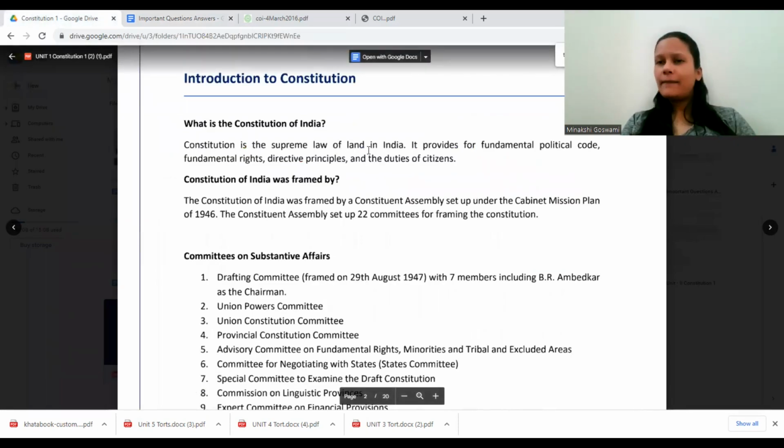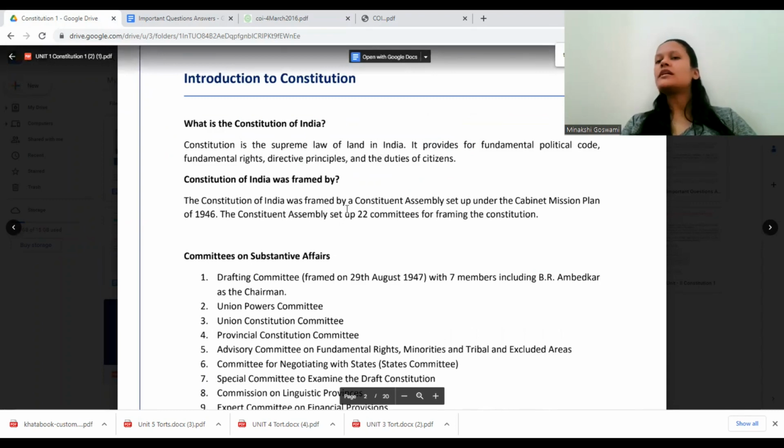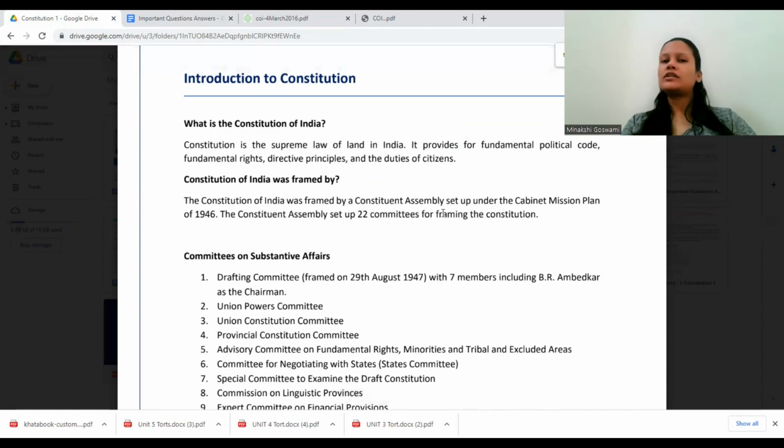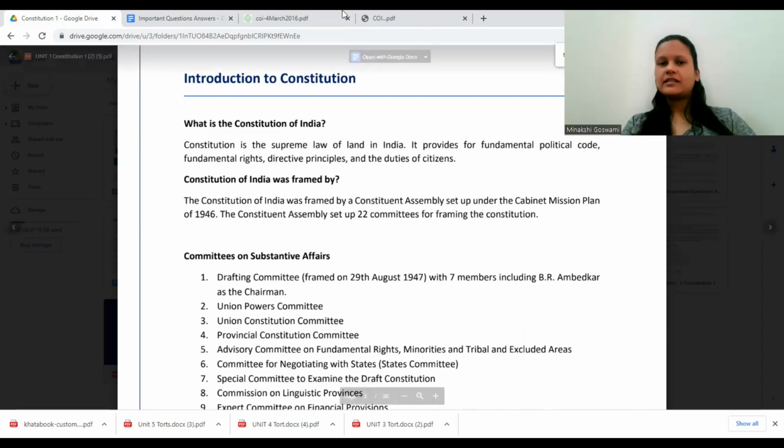Now, when we talk about Constitution of India, it is considered as supreme law of land. But how was it drafted? Constitution of India was framed by a constituent assembly, which was set up under Cabinet Mission Plan of 1946.